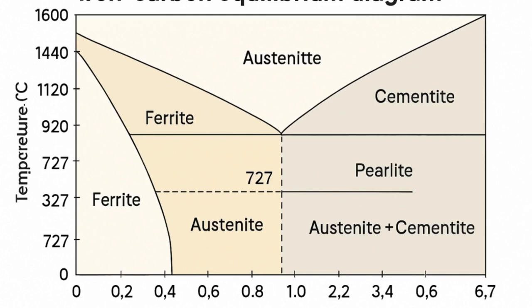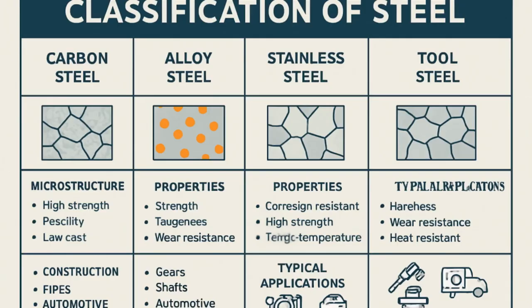Key phases include ferrite, a soft and ductile form of iron, austenite, a high-temperature, non-magnetic phase, and cementite, a hard and brittle iron carbide. Understanding the transformations within this diagram is crucial for controlling the properties of iron-based alloys through heat treatment.